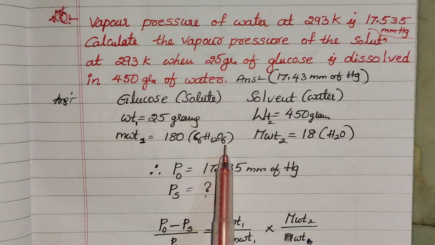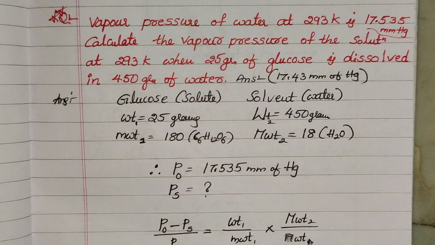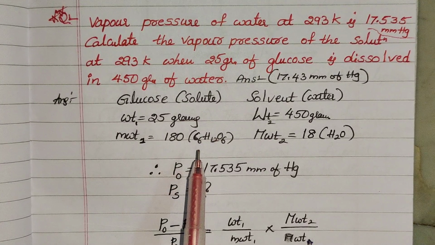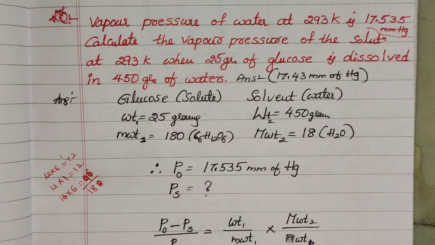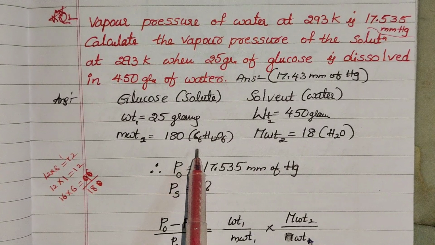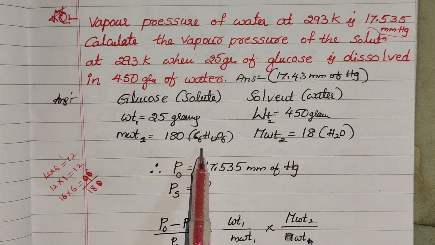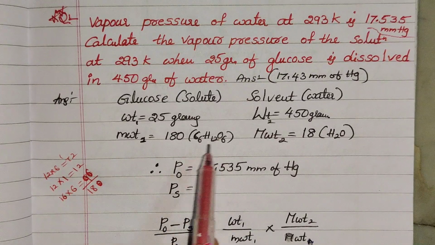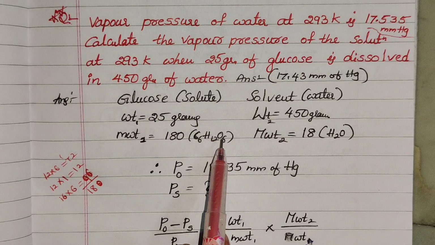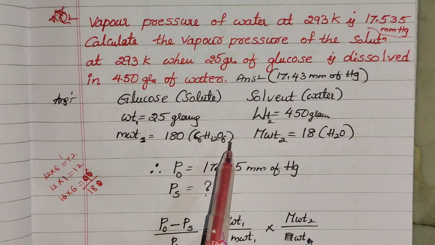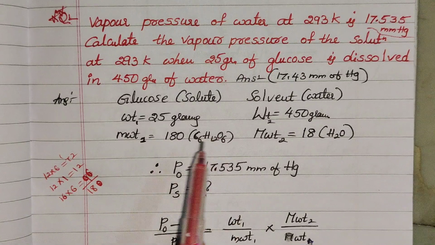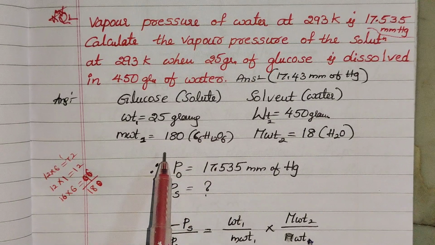For hydrogen we take 1, for oxygen 16, for carbon 12. Carbon: 12 times 6 is 72, plus hydrogen 1 times 12 is 12, plus oxygen 16 times 6 is 96. Then 72 plus 12 plus 96 gives 180. This is the molecular weight of glucose.